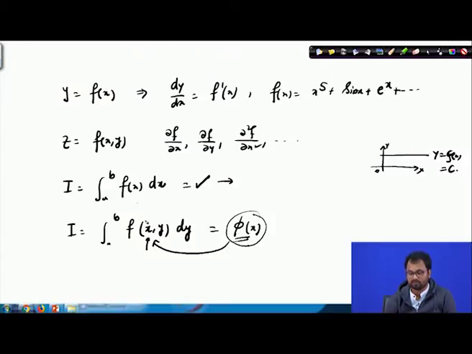In other words, the partial derivative of this function f with respect to x must exist. Not only that, in order to have it existing on a given domain of integration, it has to be continuous throughout that interval, so that it will exist at every point.